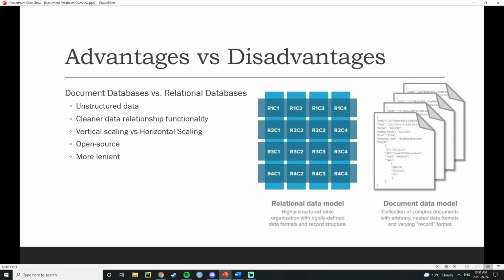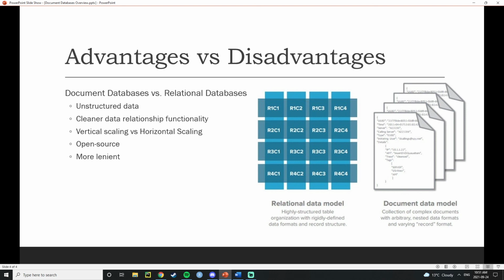Finally, relational databases are vertically scalable, which means that they require a single server to host the entire database. And like RAM on your computer, the more you want it to do, the more expensive it is, the more RAM you need to buy. Same thing here, the bigger server you need to pay for, it's more expensive. It has to have less latency and this and that.